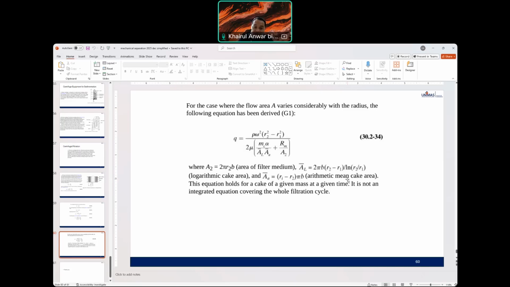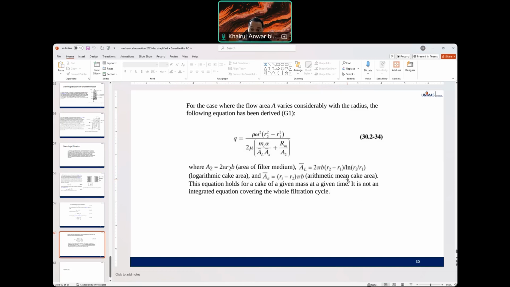This is a case at a certain point in time, meaning this is not dynamic. At time one, you do the calculation using 30.2-34. At time two, you need to do another one based on the new condition, new information.